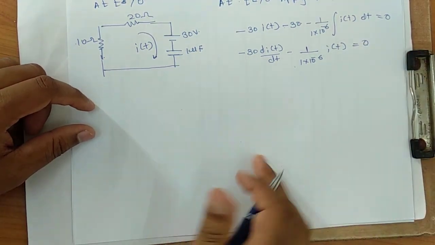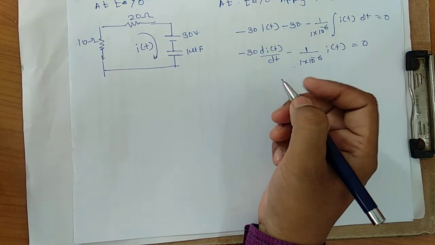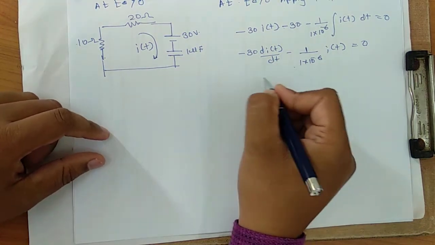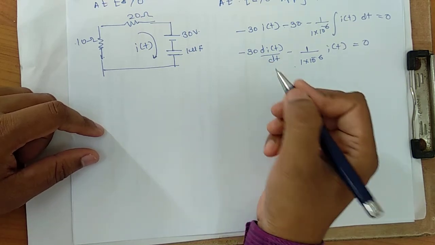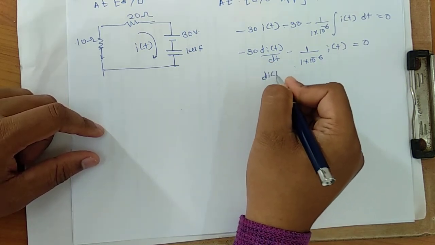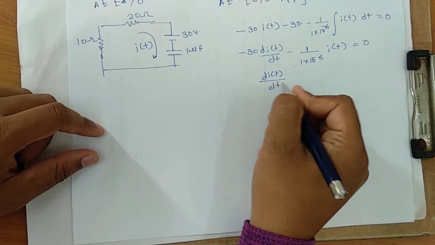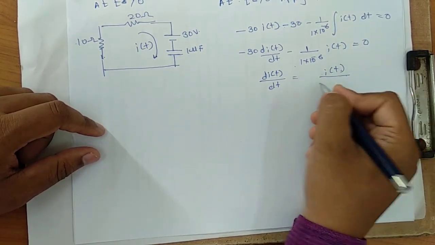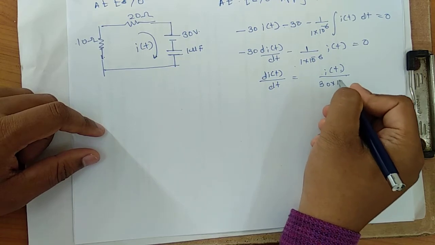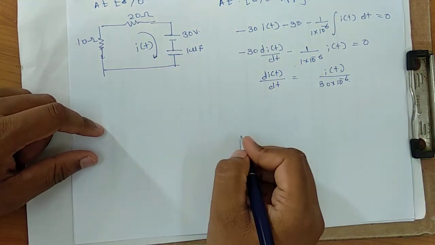Now we have to calculate dI of t. I will take the other terms to the right hand side and take the minus sign common. So dI of t divided by dt is equal to minus I of t divided by 30 into 10 raised to minus 6.